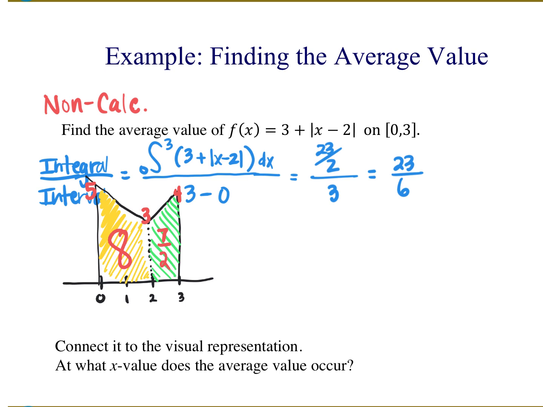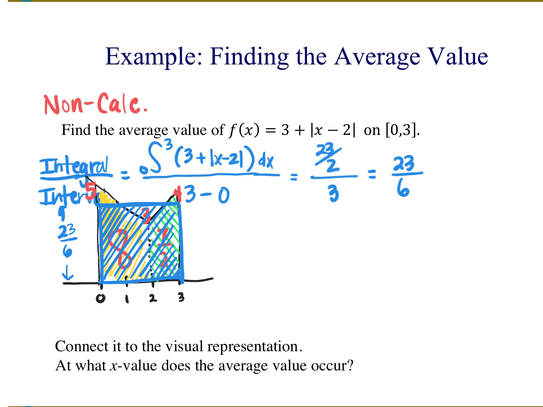So what does that 23/6 mean? 23/6 would be the height. If you could settle the big trapezoid on the left and the other trapezoid on the right, and make a rectangle that's 23/6 high, that rectangular height would be exactly the same as the green and the yellow put together.